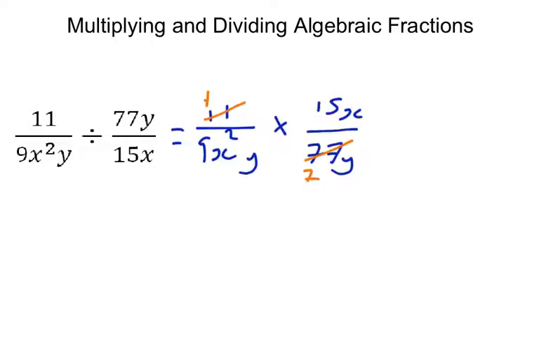The 9 and 15, 3 goes into both of those, so the 9 cancels down to 3 and the 15 cancels down to 5. The x on the top cancels with one of the x's on the bottom, and that leaves us with 5 on the top over 3x y squared on the bottom.